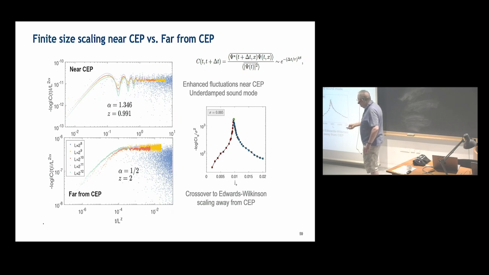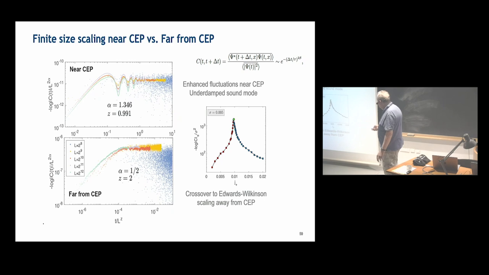And then you can also look as a function of time along this, scaled again by the length with the exponent z. And far from the exceptional point, you get the answer that you would have expected. This is actually Edwards-Wilkinson scaling. By the way, the system does not allow KPZ scaling. That KPZ terms are forbidden.